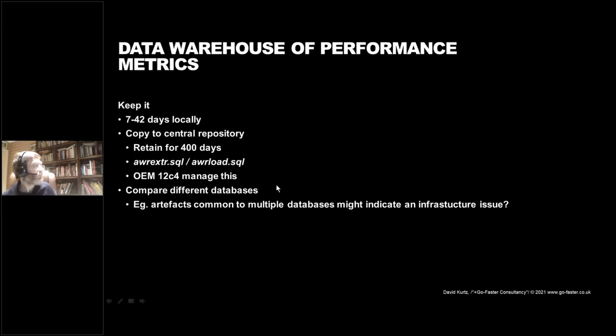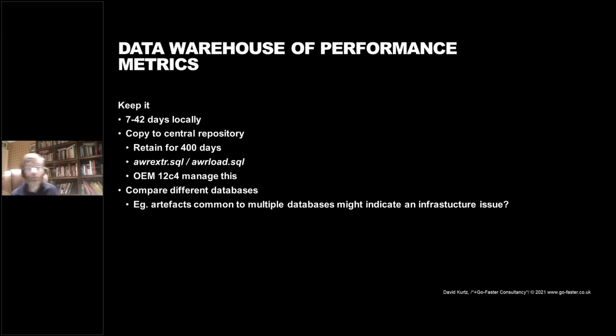Now this database, this data warehouse of performance metrics, it's really valuable. You really need to be keeping it. People keep ASH data for different amounts of time, certainly 7 days. In a lot of financial systems, people keep it for 6 weeks, 42 days, so that you might have a 5-week month in sub-accounting systems.